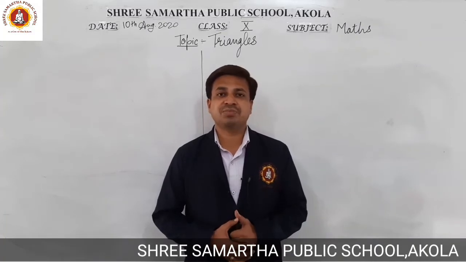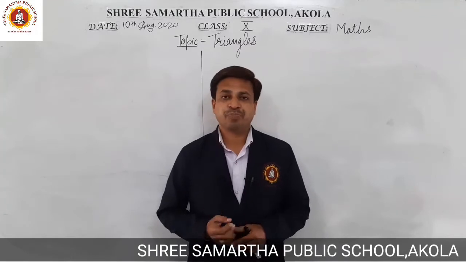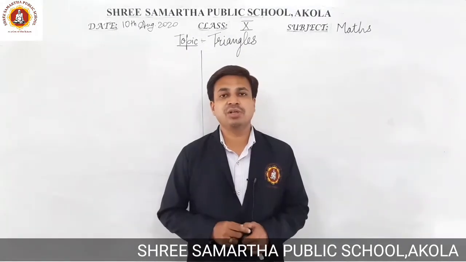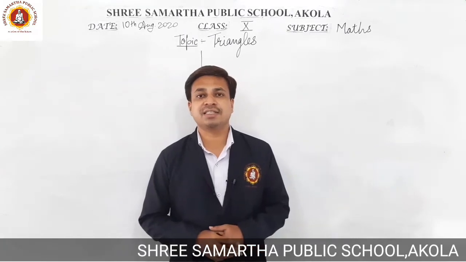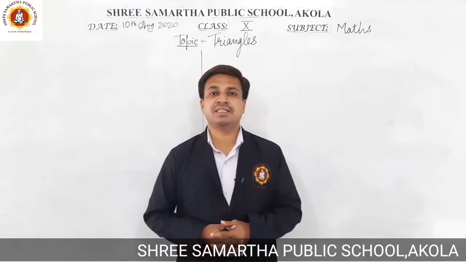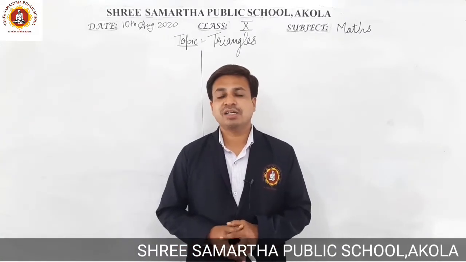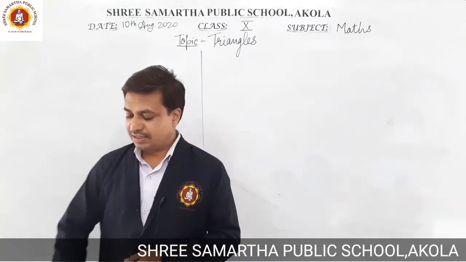In this criteria of similarity of triangles, there are three tests that we have to apply. First is the AA similarity rule, second is the SSS similarity rule, and third is the SAS similarity rule. Now when we consider these three similarity rules, let us see how we have to solve this example.